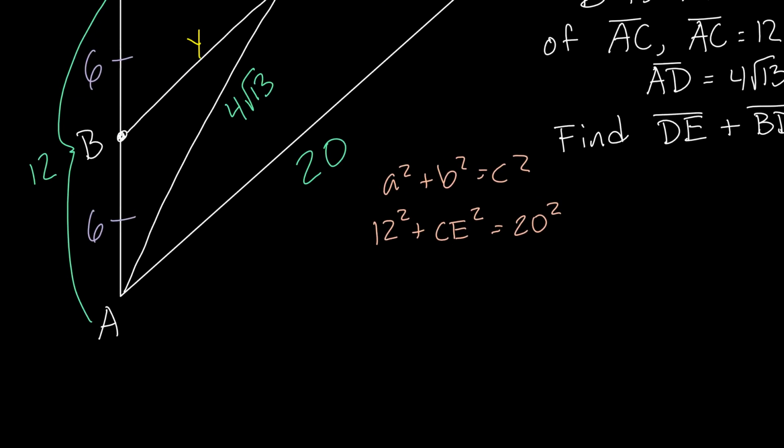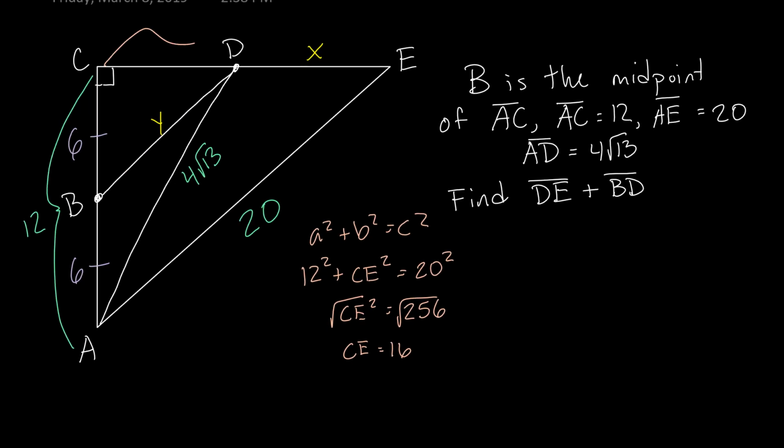So what is 20 squared minus 12 squared? Before it's square rooted. It's 256. Thank you. And then you square root. And what's the square root of 256? 16. So the top of the triangle is worth 16 units.